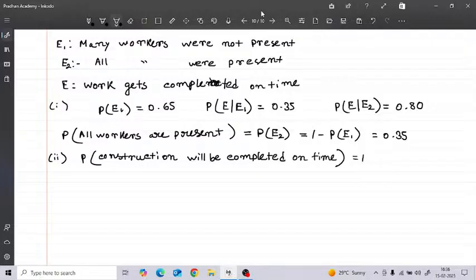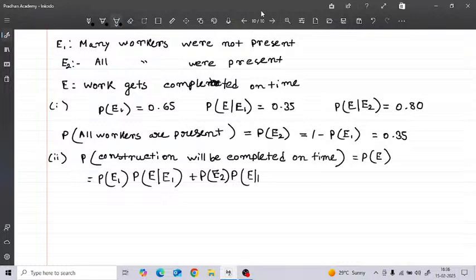What does it mean? It's nothing but the probability of E. Now the probability of E is equal to, using the formula of total probability, probability of E1 into probability of E given E1, plus probability of E2 into probability of E given E2.